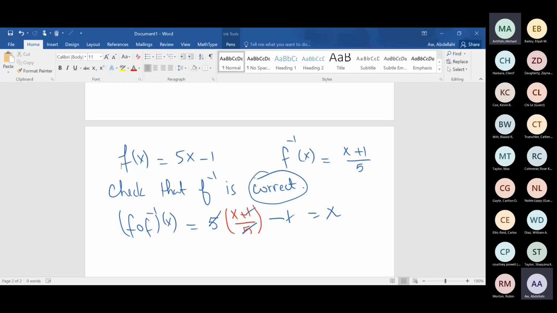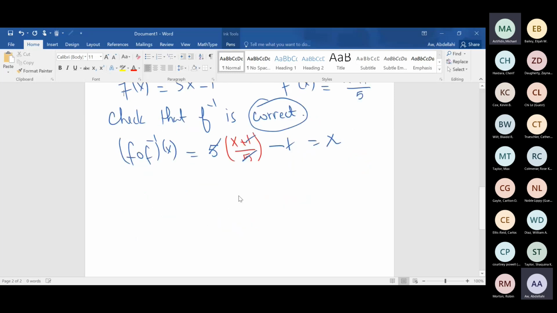If we give f of x and 4 choices for f minus 1 of x, and I don't remember how to find f minus 1, I can compose them, and the one that gives me x is the right one. For instance, let's say we have f of x.